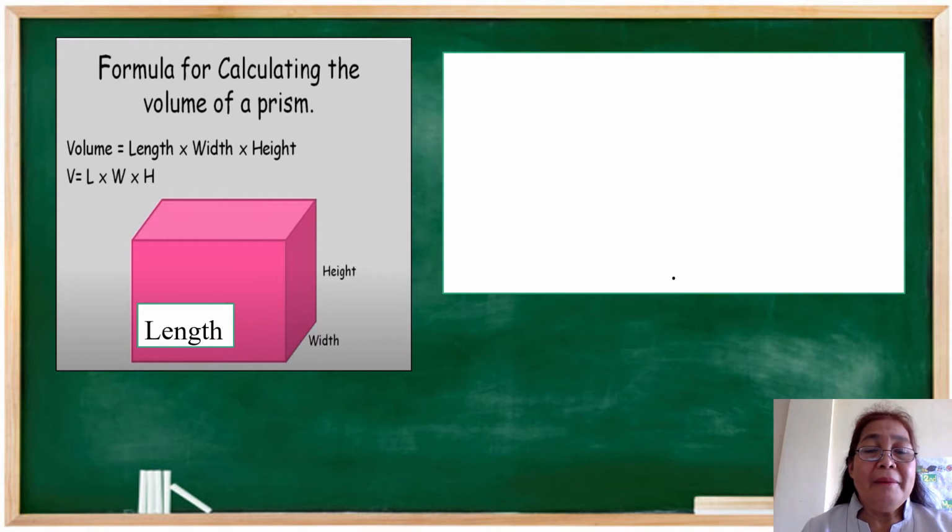Finding the formula for the volume of a prism. We have a formula: volume is equal to length times width times height. We can also write V = L × W × H, where H stands for height, W stands for width, and L stands for length.